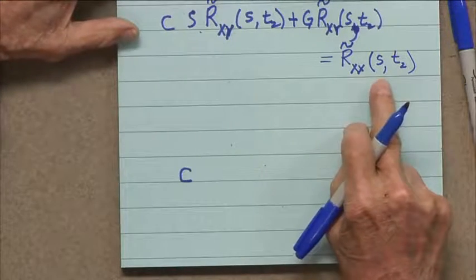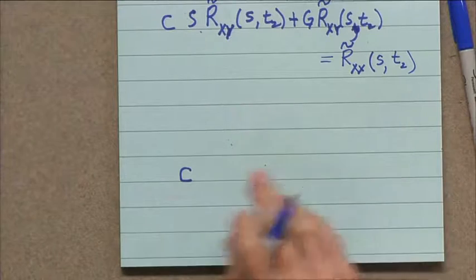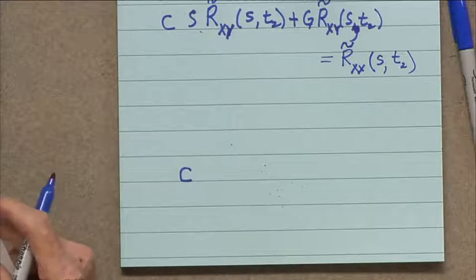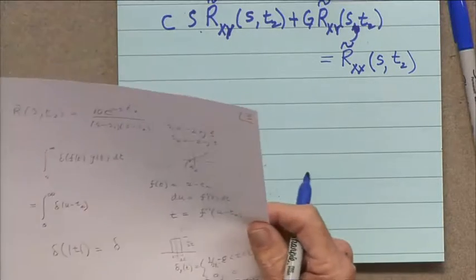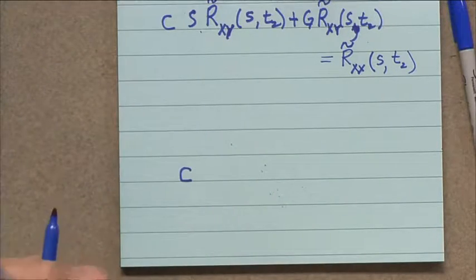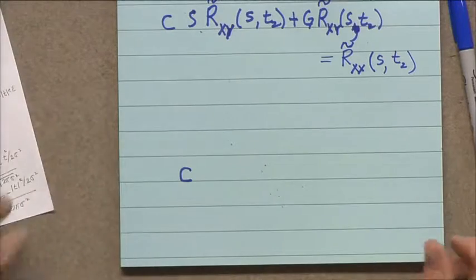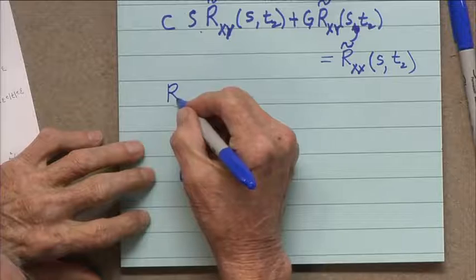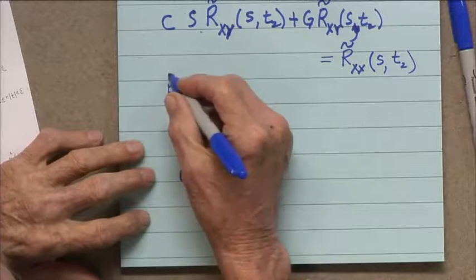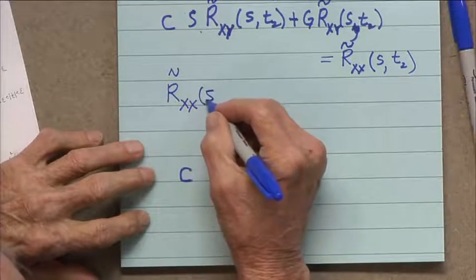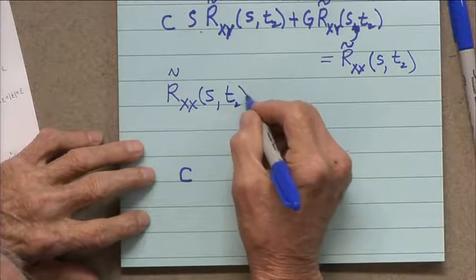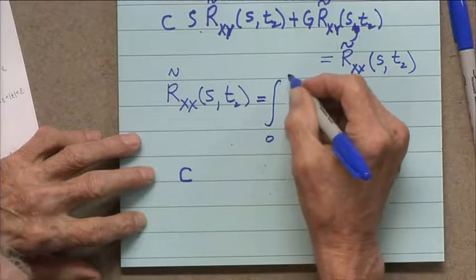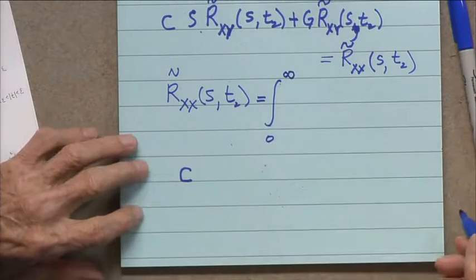Okay, let's see if we can find the RXX curly bar. ST2 is going to be equal to the integral from 0 to infinity.